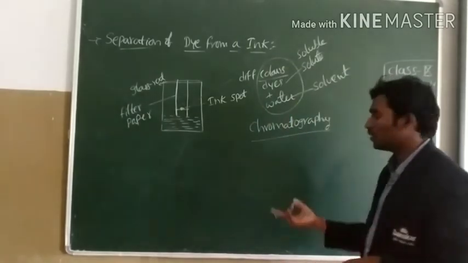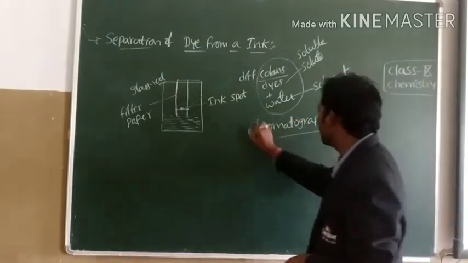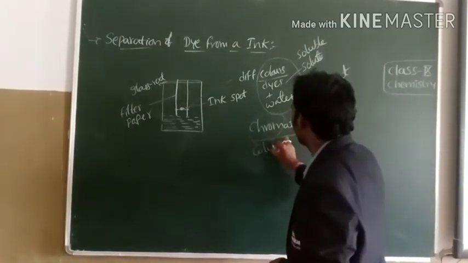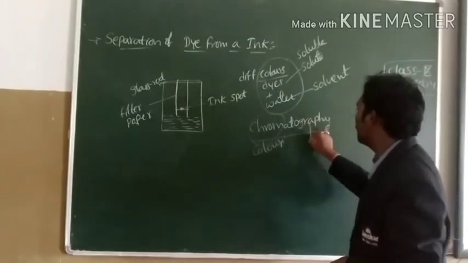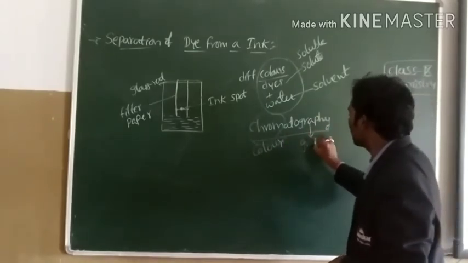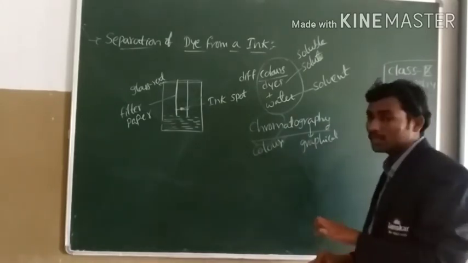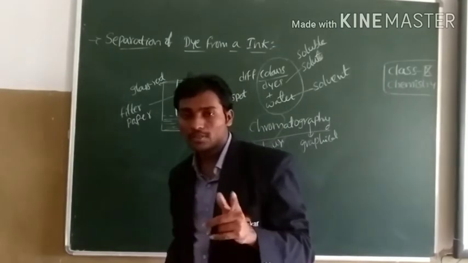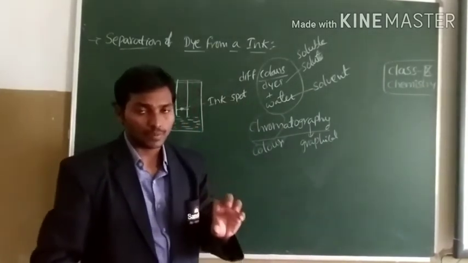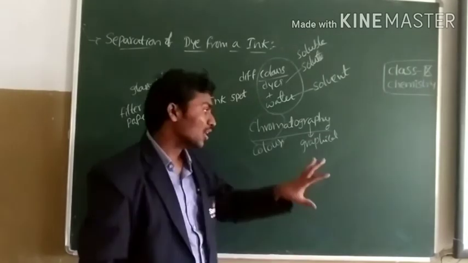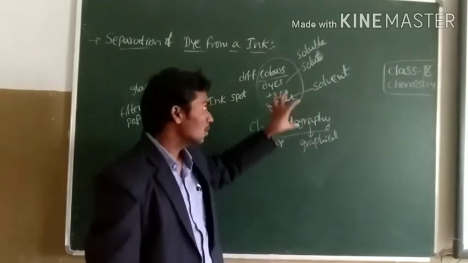Chromatography is a Greek word, children. Here chroma means color, and graphy means graphical representation. So this technique is based on the different colored components of the mixture. When the mixture has different colors, we can separate it into individual components by the chromatography technique.